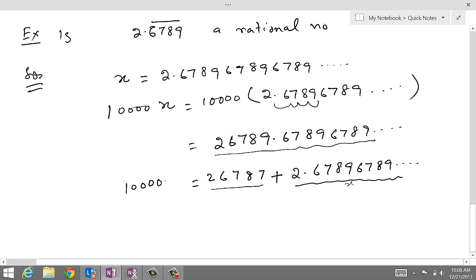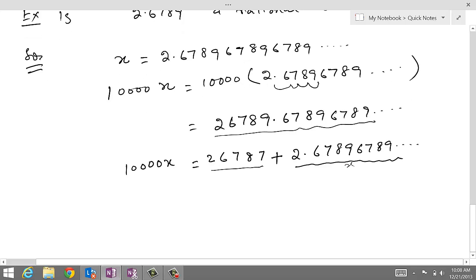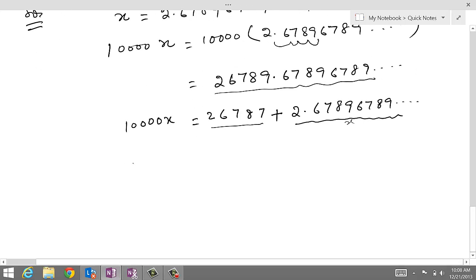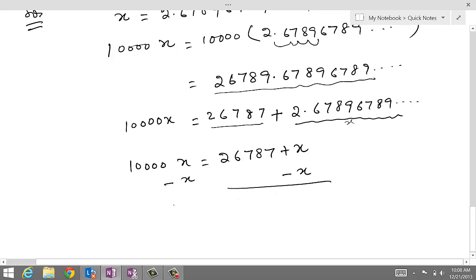So 10,000x is equal to 26787 plus x, and we subtract x from both sides.